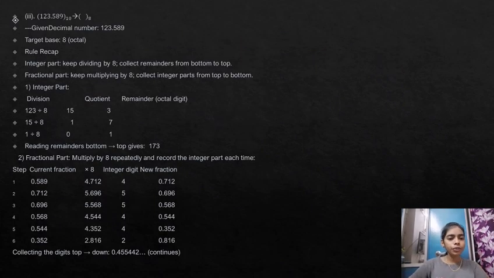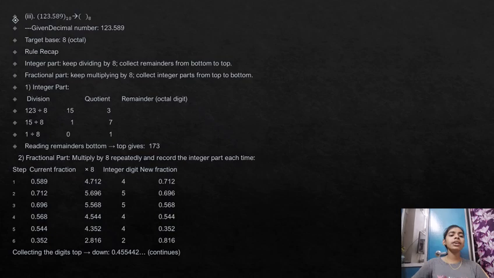Here we can see the octal rule recap. For the integer part, keep dividing by 8 and collect remainders from bottom to top. For the fractional part, keep multiplying by 8 and collect integer parts from top to bottom.